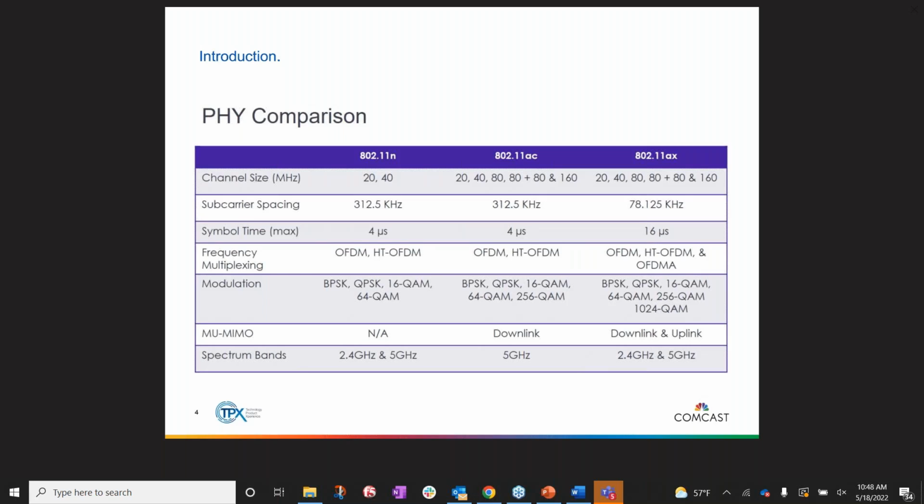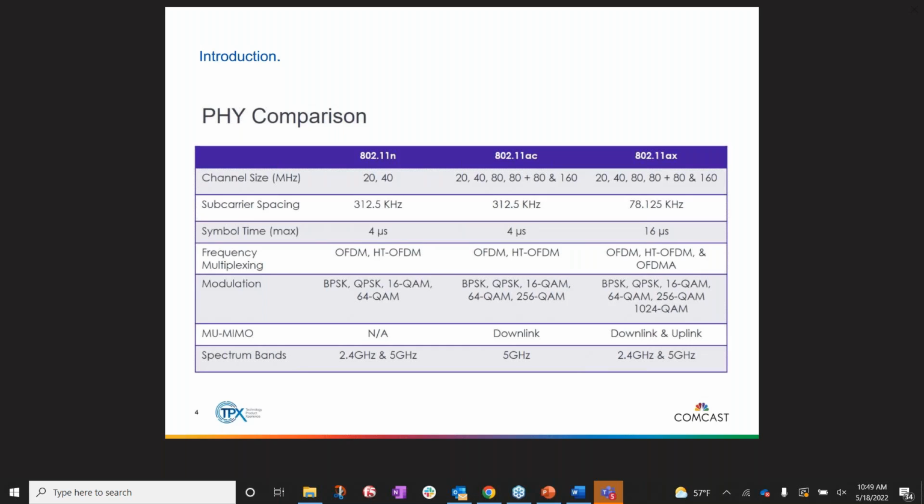And next we have symbol time. Symbol time is the amount of time to transmit the data. That is pretty much the same across all the standards up to 11AC. And in 11AX, we have increased this time to 16 microseconds for better efficiency.